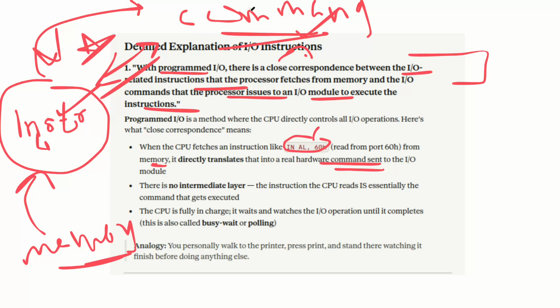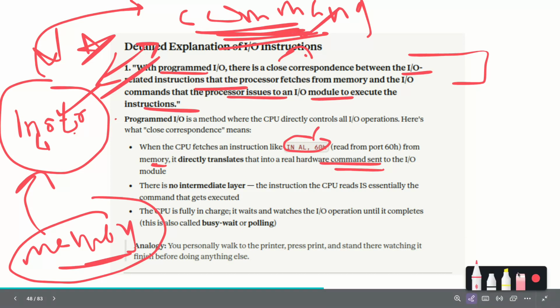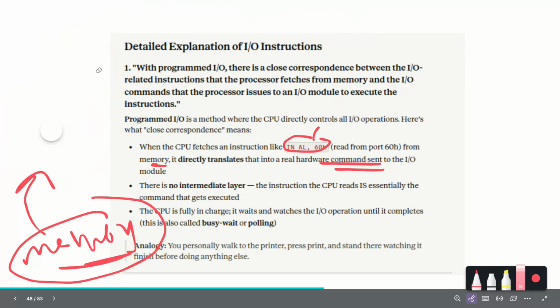There is no difference here. That is what it's saying. There is no intermediate layer between this instruction and command. The instruction that the CPU is reading from the memory is actually the same as the command that is getting executed in the IO module. That is what this statement means.